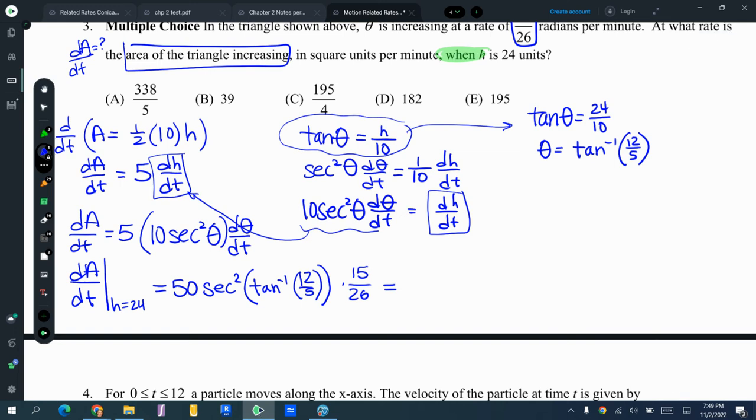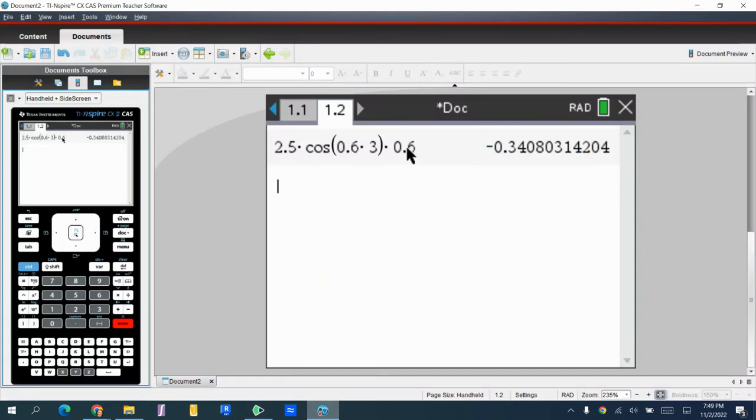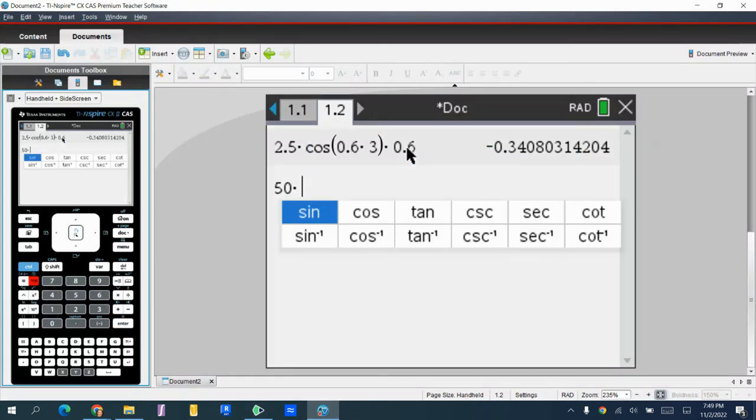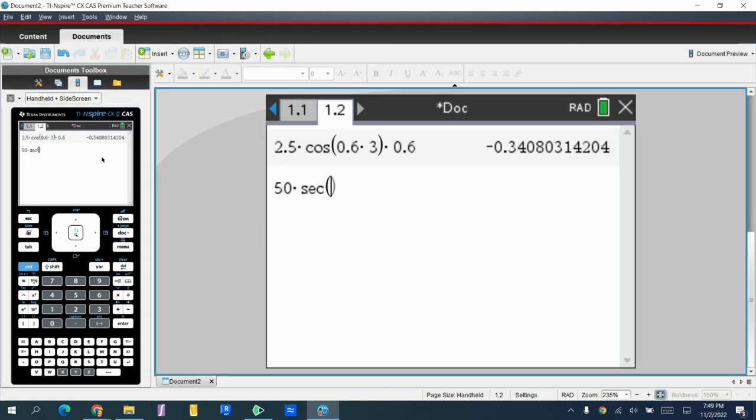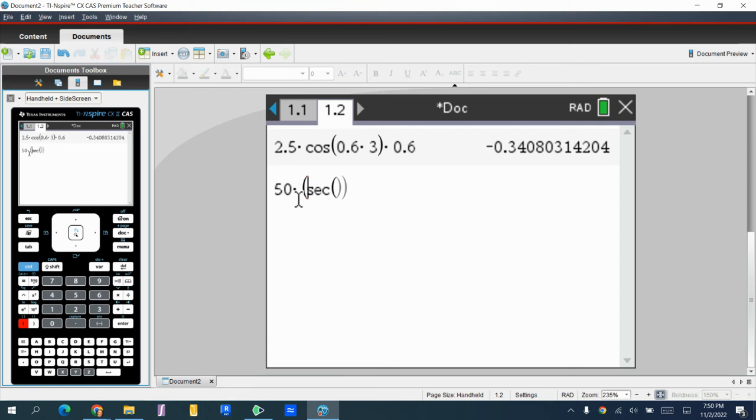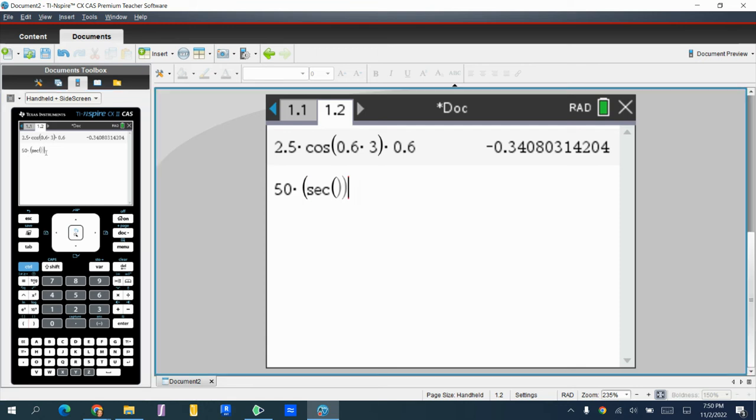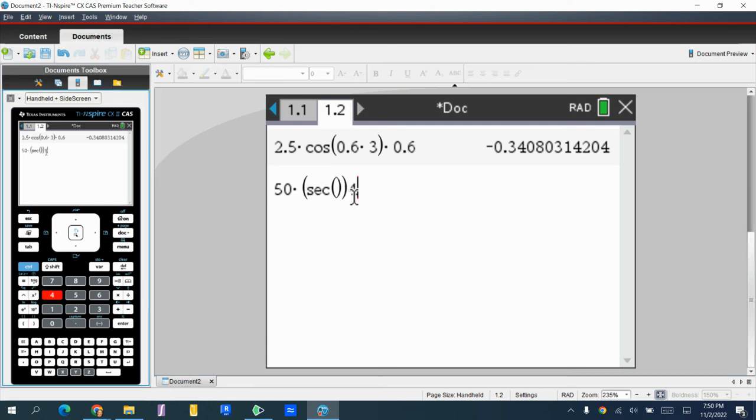Friendly reminder, secant squared. I erased that too, and I'm going to put it on the outside because that's what secant squared really means. Okay, so how good is my memory? Not great, so let's try this out. We're going to have 50 times the secant, and I'm actually going to go before that, and put in another set of parentheses, and put my square in there before I forget.